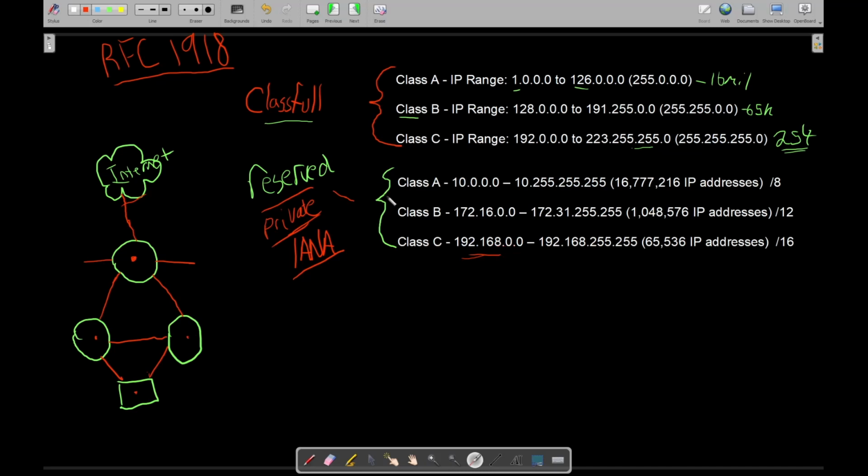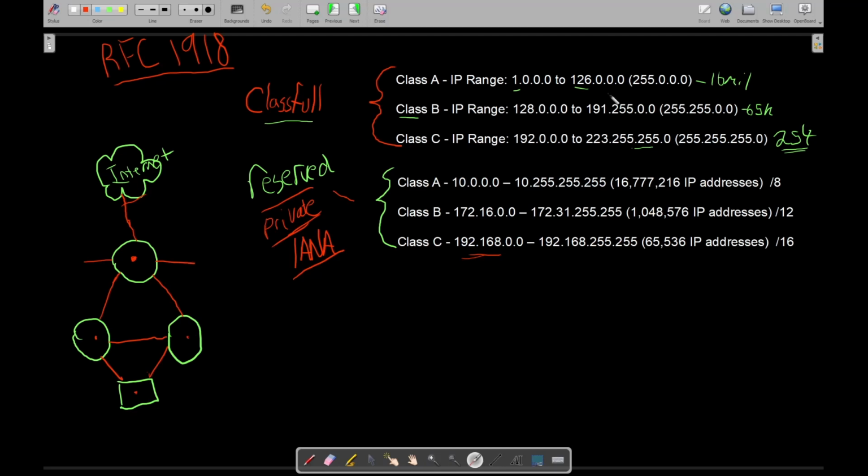So before they reserved these for us, everyone had public networks. I mean, public IP addresses, sorry. We learned that. Now, back then, routers were different. Routers knew that if it started with a 1 to 126, that it was a Class A address.